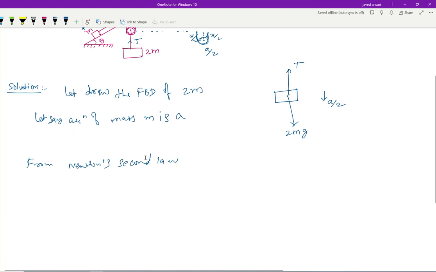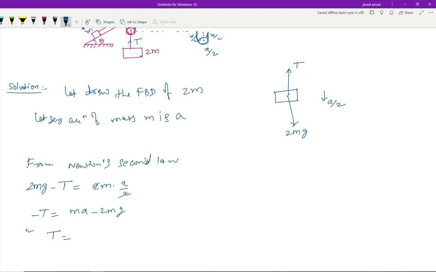From Newton's second law, what is this? Net force equals mass times acceleration. Let's say the net force is downward. So total net force is 2mg minus T upward, equal to 2m times acceleration a by 2, right? This becomes 2mg minus T equals ma, and let's bring 2mg to this side.